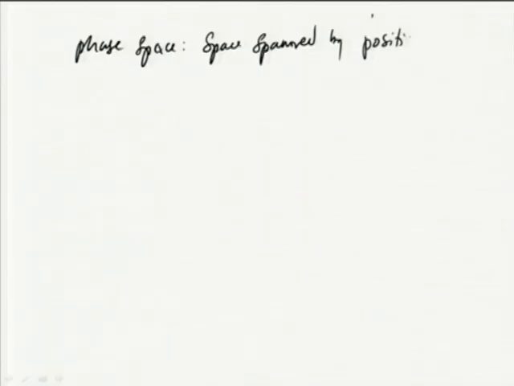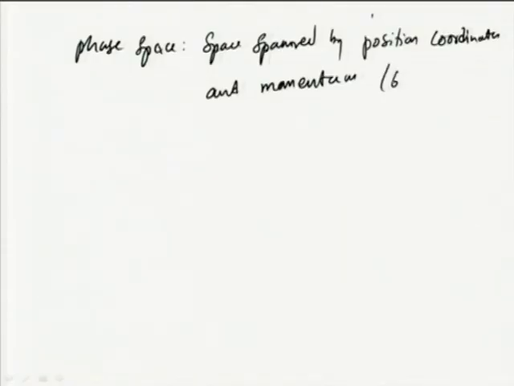When I say phase space, it is the space spanned by the position coordinates and the momentum coordinates. So, it is 3 dimensions for the coordinates and 3 dimensions for the momentum, together a 6 dimensional space.